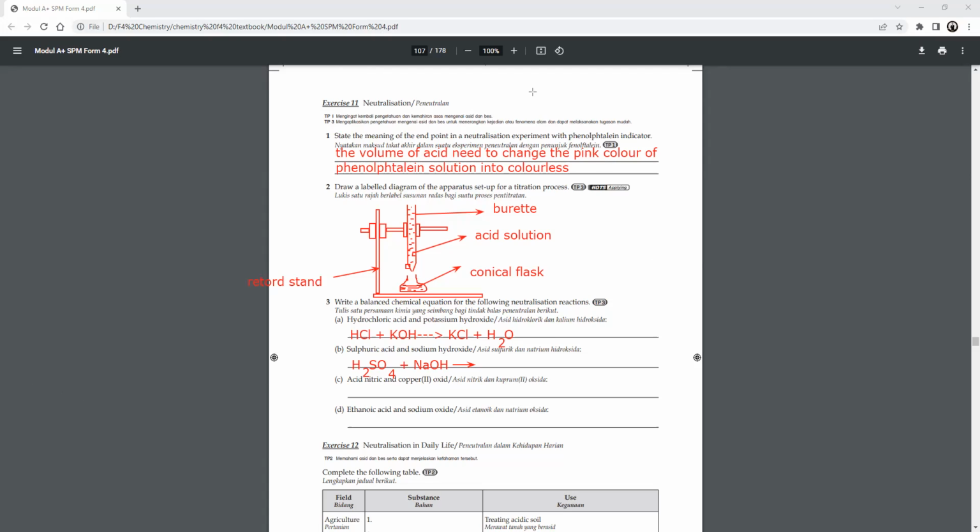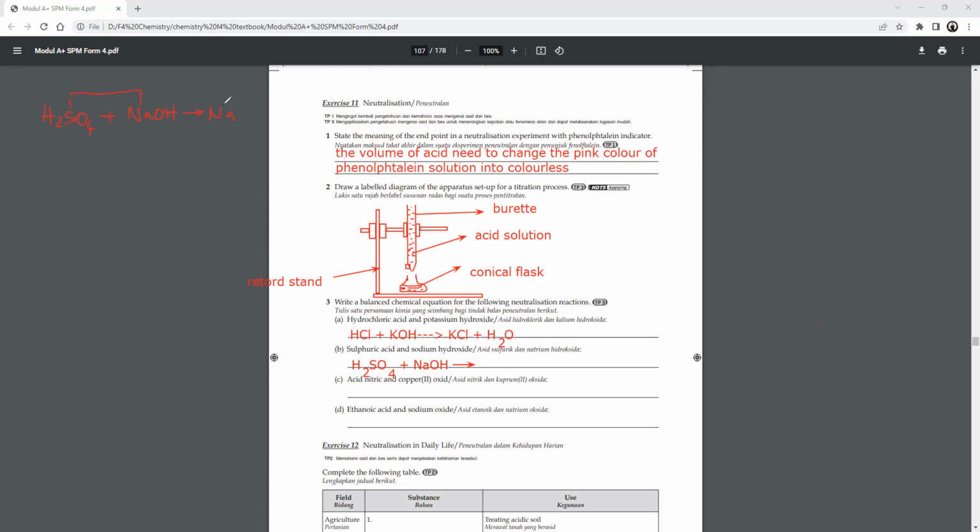I think it is better if I write it. So you got Na and SO4. This one and this one.